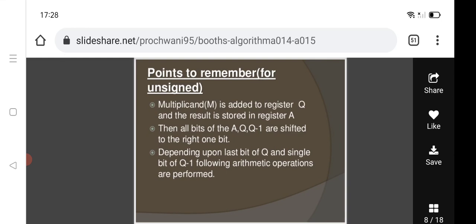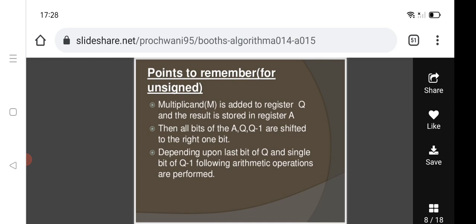So you are going to shift all the values of registers A, Q and Q minus 1 towards the right side by 1 bit, and this is nothing but an arithmetic shift right operation.